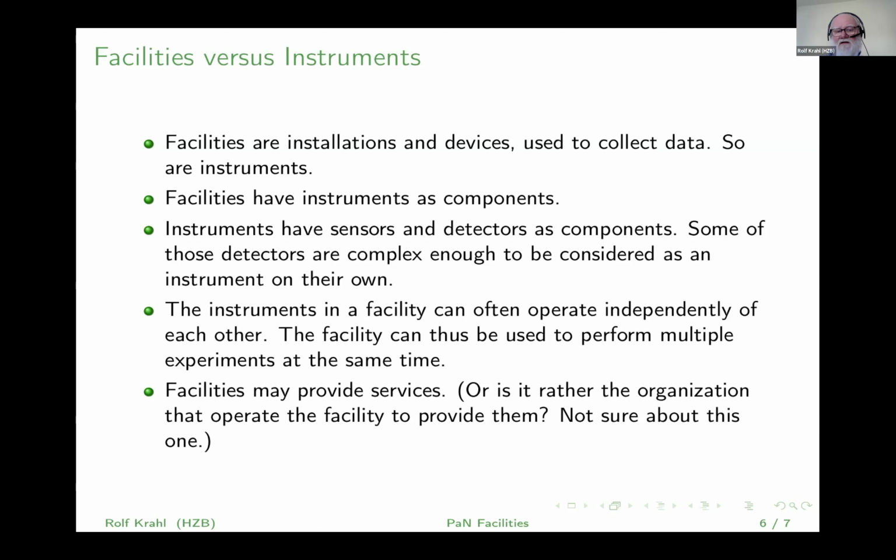So that is clearly a distinction. And you also often say that facilities provide services, although I'm not so sure about that particular statement, because maybe it's rather the organization that operates the facility that provides that service. But okay, that can be discussed, of course.